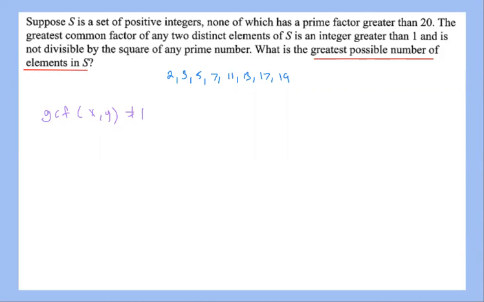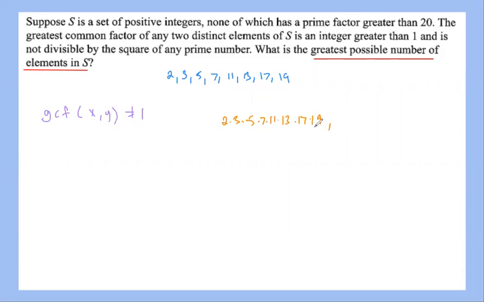Okay, so let's take a look at some examples. Maybe that might help us see what we are going to look for. Let's say we take all of these numbers and multiply them: 7, 11, 13, 17, 19. Let's take this as a number in that set.